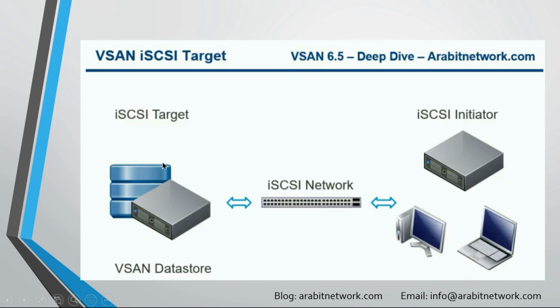You could provision iSCSI storage entities on a vSAN data store and have it as a target, and allow servers, even servers outside your vSAN cluster, to access these storage entities via Ethernet using the iSCSI protocol.